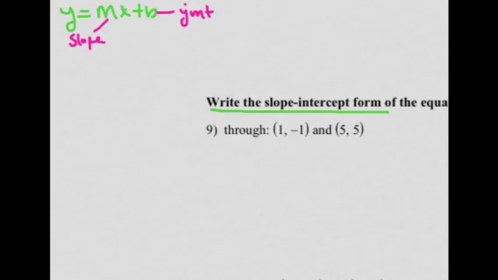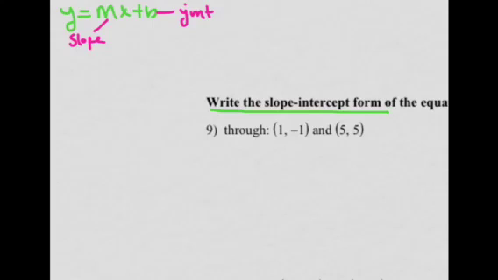Well, we're given 2 points. Neither of the points is the y-intercept. We know that because neither of the x's are 0. And we're not given a slope. But we could calculate the slope because we just practiced doing that.